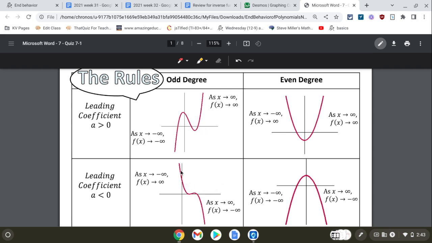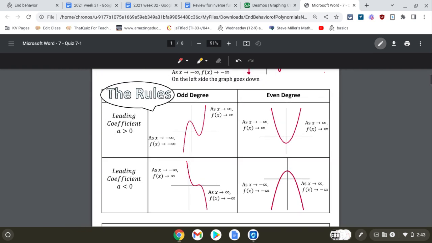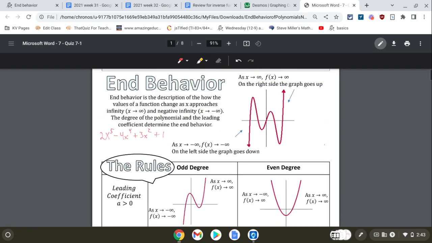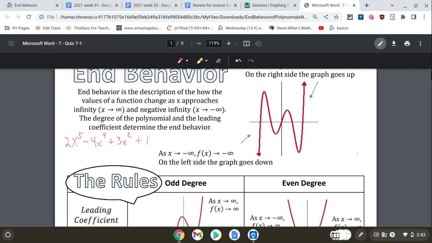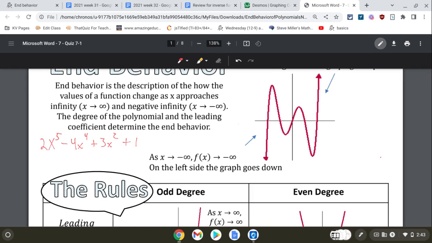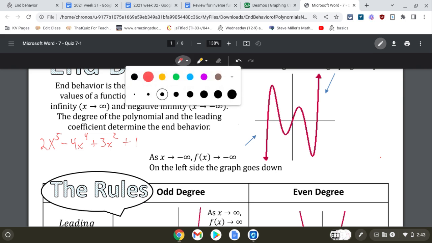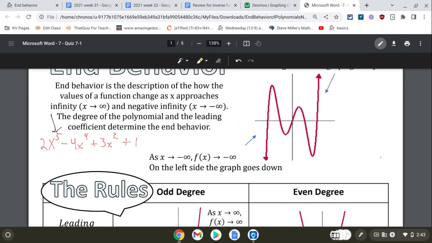Or you could have up and down, right? And really, the only two things that you need to know to tell which of these four cases you're in, you really just need to know the degree of the polynomial and what the leading coefficient is. Okay. So for this polynomial here, to determine what the degree is, you just look for the highest power. It doesn't always have to come up front, but it usually does if it's in standard form.